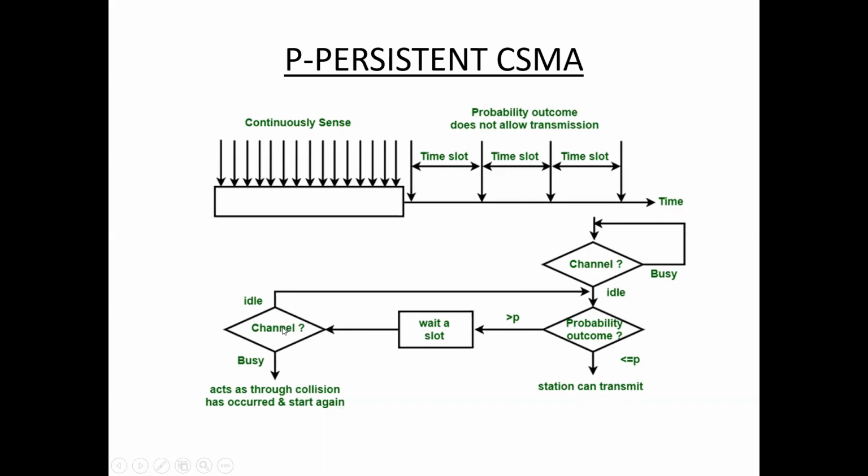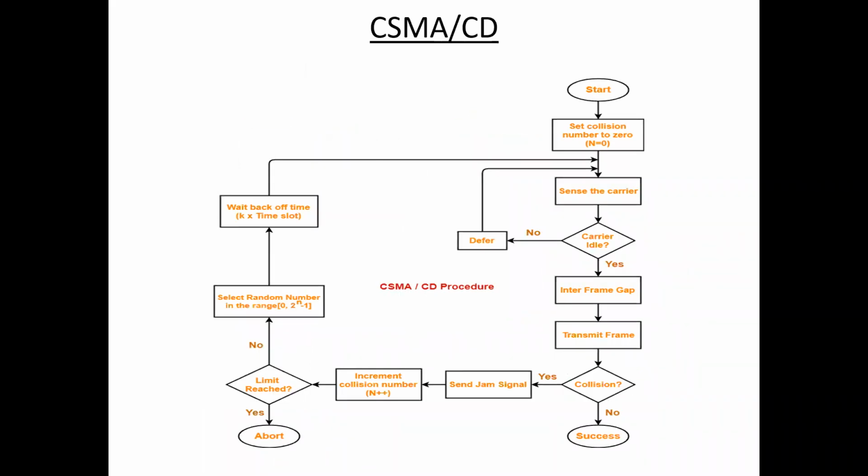Then if the channel is idle, it checks the probability and transfers the frame with probability p. If the channel is busy, it acts as if a collision has occurred and starts again. So this is the p-persistent CSMA.